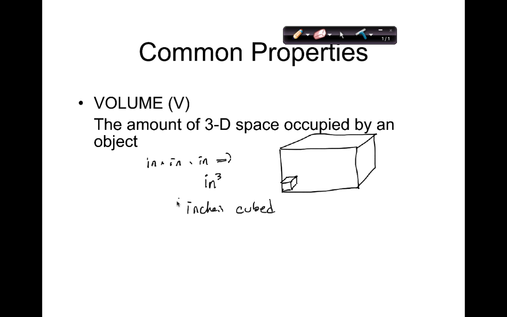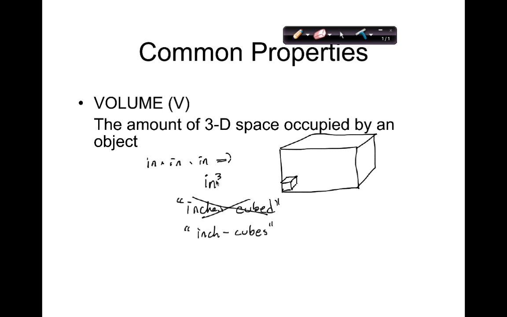But again, instead of inches cubed, I'm going to say no to that. And so instead we're going to call them what? Inch cubes. Cubes that are 1 inch by 1 inch by 1 inch.